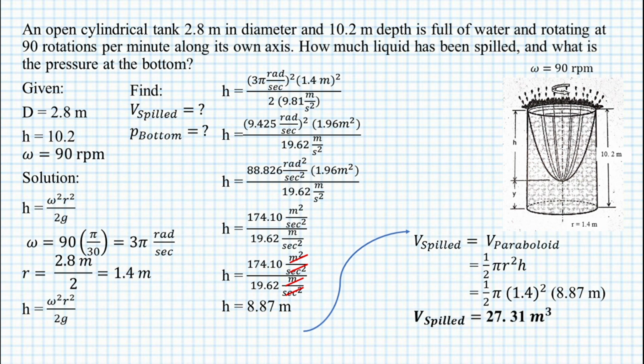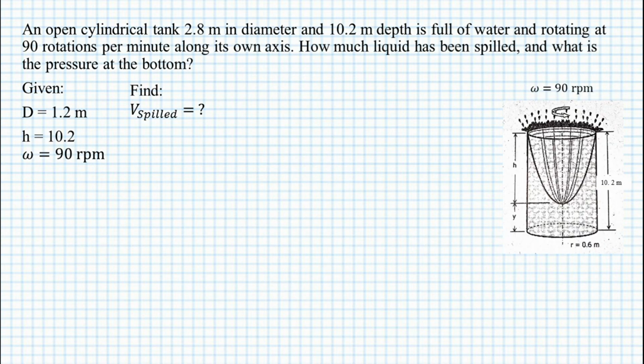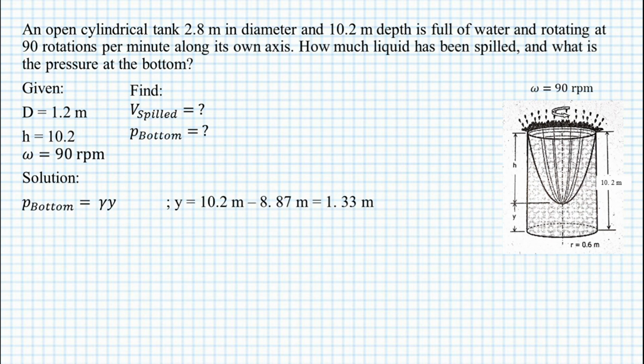Now we are going to solve for the pressure at the bottom. We have a formula of unit weight multiplied by y, or the height. Plug in the values. We have pressure at bottom equals 9.81 kilonewton per cubic meter times 1.33 meter. Cancel out the same unit.